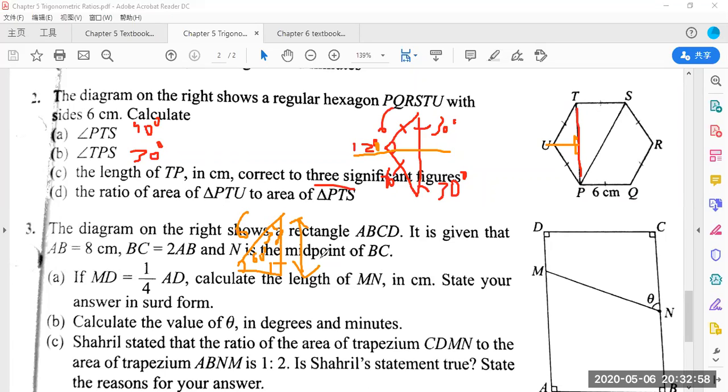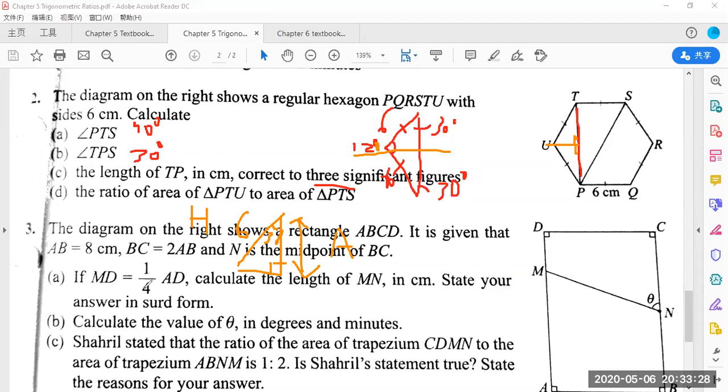I don't want to use this, it's confusing. I assume we split into the half, we don't know this one, so we only know this one is 30, right? Here this one is the adjacent side, this one is the hypotenuse, AH.